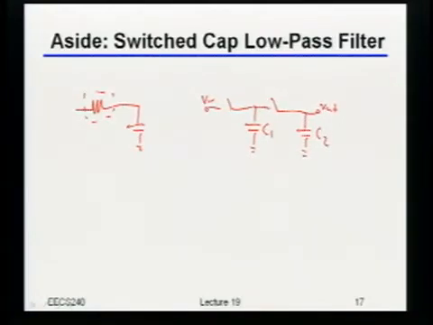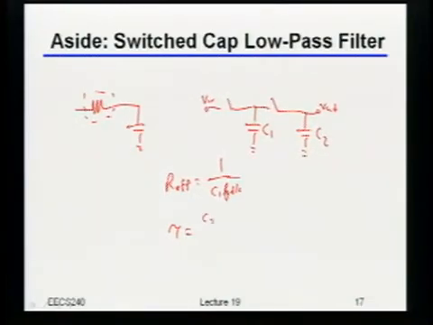We just said the effective resistance of that switch cap was 1 over C1 times the clock frequency, right? Okay, so what's the time constant for my filter then? What's that going to be set by? C1 over C2.